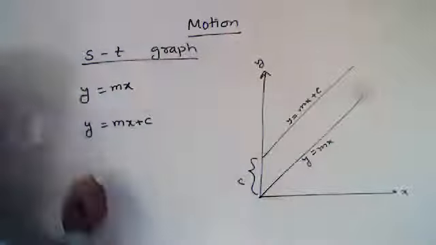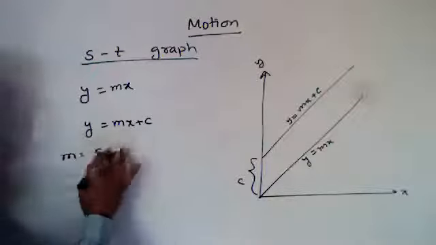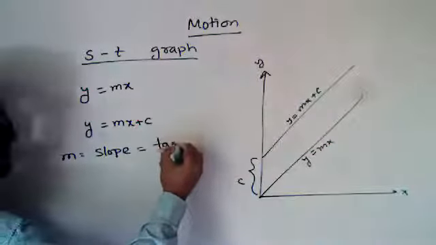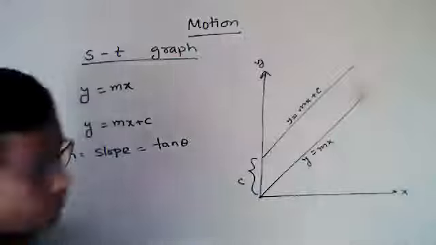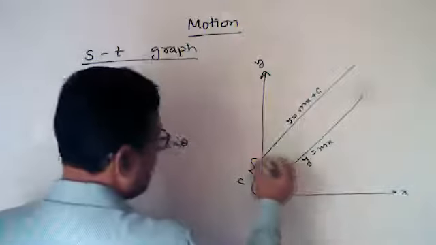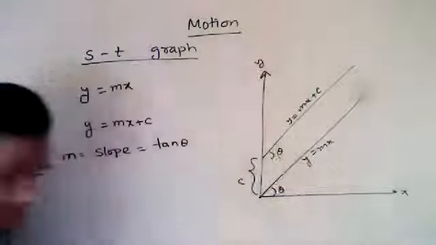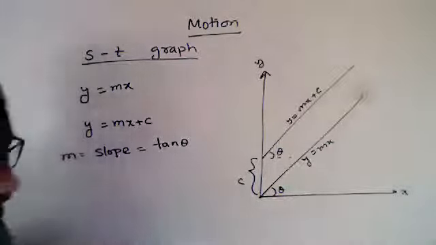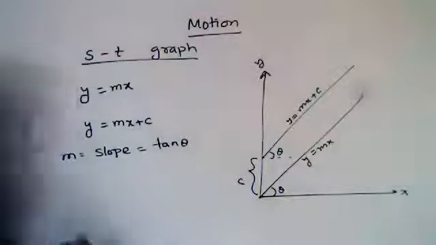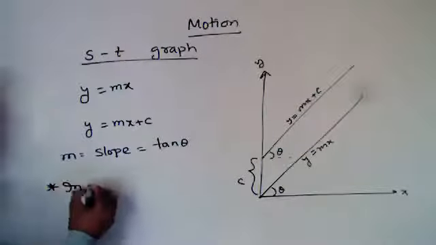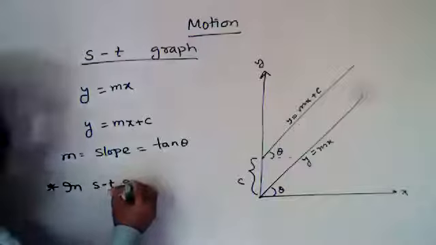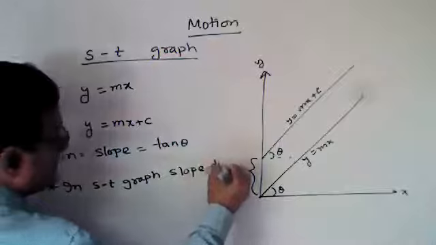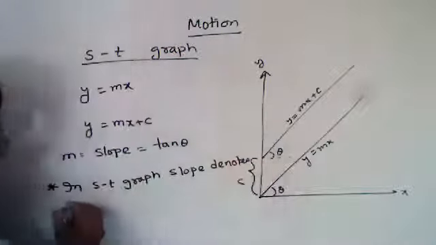From this, m equals the slope. Slope means tan theta. This is the theta. If the angle is known to us, then we can determine the slope. And you have to remember that in a displacement-time graph, slope denotes velocity.